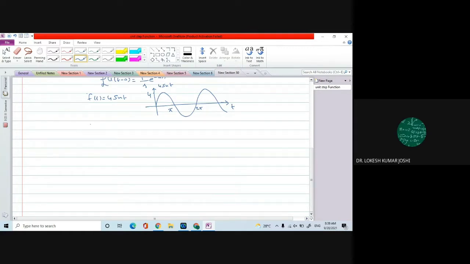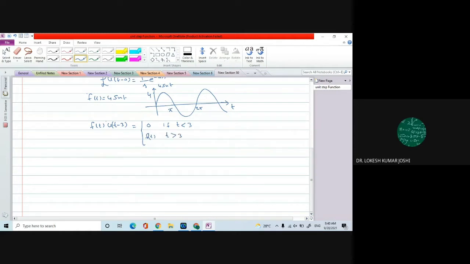Suppose I multiply this function f(t) with u(t minus 3). Then f(t) u(t minus 3) will become 0 if t is less than 3, and its value will become f(t) whenever t is greater than 3.